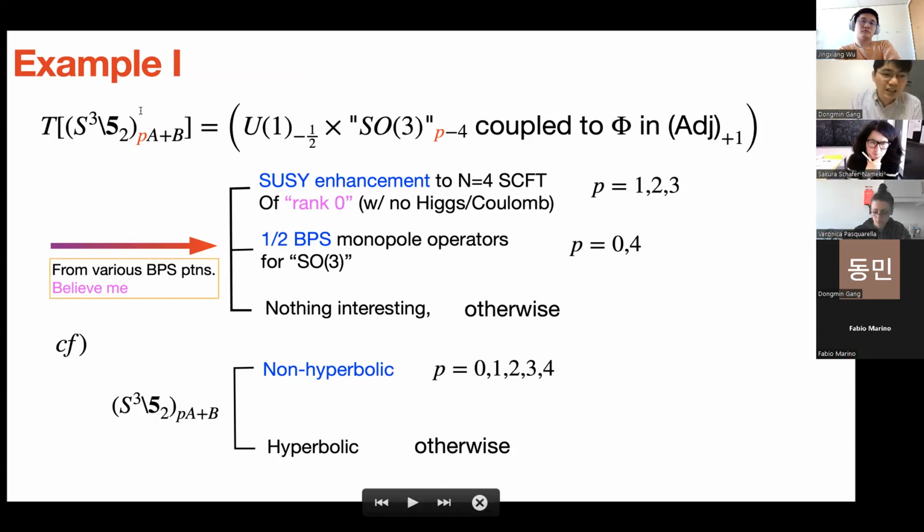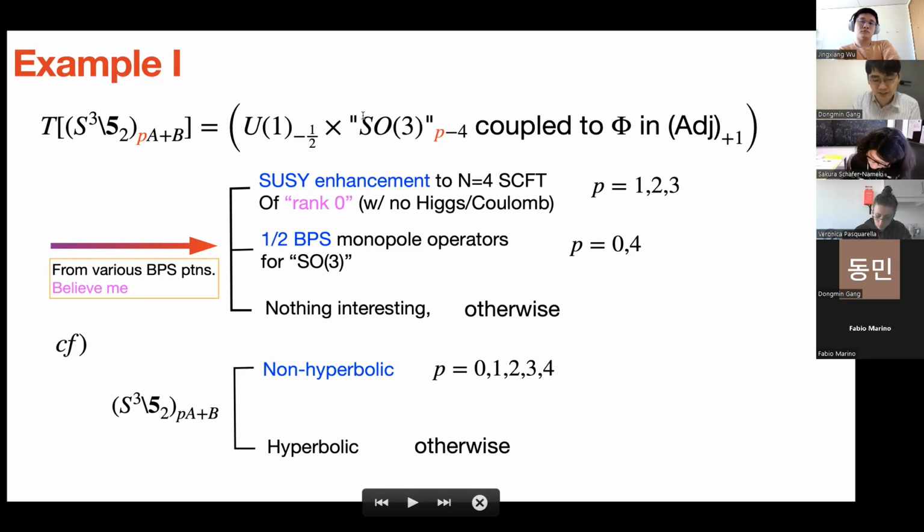We are considering the knot complement, which is obtained from the three-sphere by removing the tubular neighborhood of this knot. Then we obtain the three-manifold with the torus boundary, and then we do Dehn fillings labeled by P and Q. Then the resulting theory turns out to be given in this form.